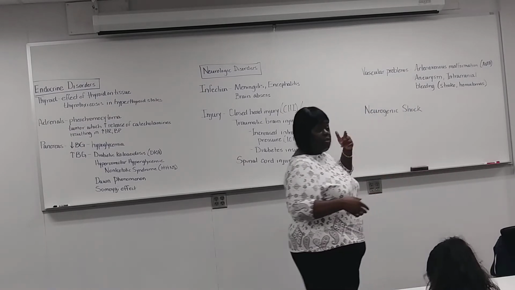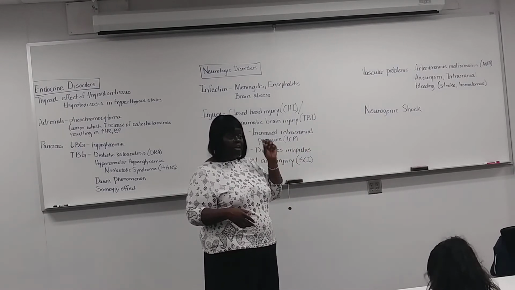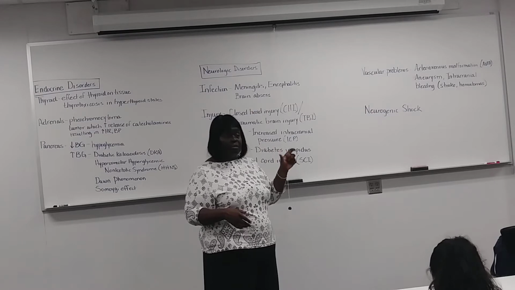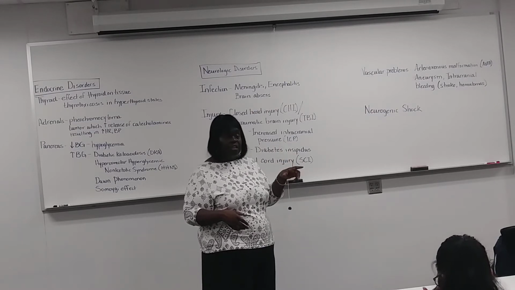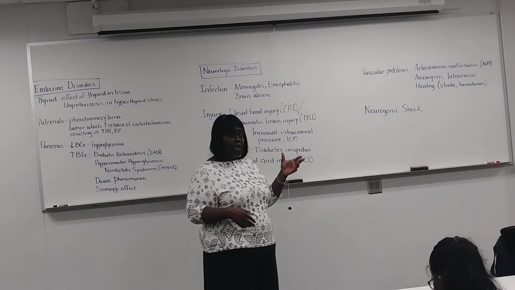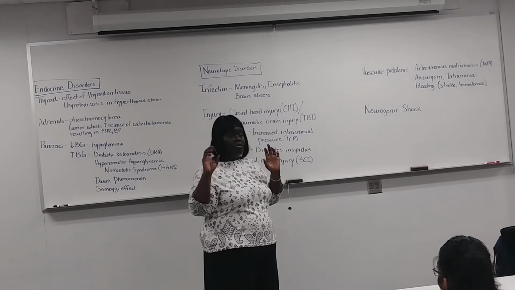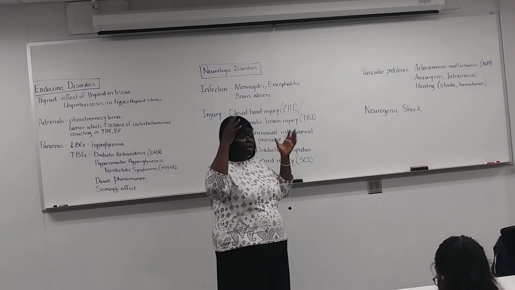So think about what happens, making sure you know how to test, making sure you look at that Glasgow Coma Scale to see what you're looking at to tell if there's some type of damage going on with your patient. When you're thinking about head injuries, if it's a focal injury, you usually only get deficits related to what is working in that section of the brain.